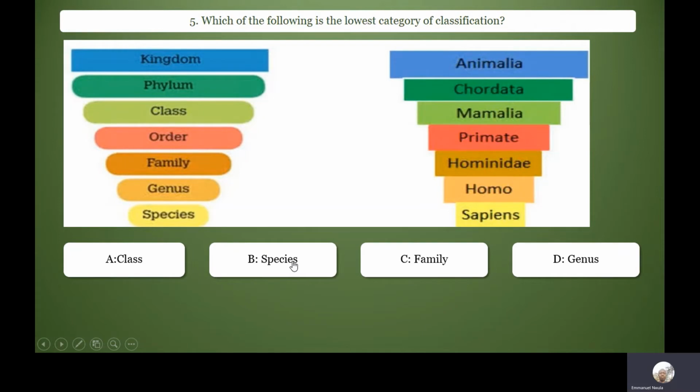The largest is the kingdoms, and then from kingdoms they are divided into phyla, to class, to order, to family, genus, and then to species. If 2 organisms belong to the same species, they are likely to mate and produce fertile offspring.